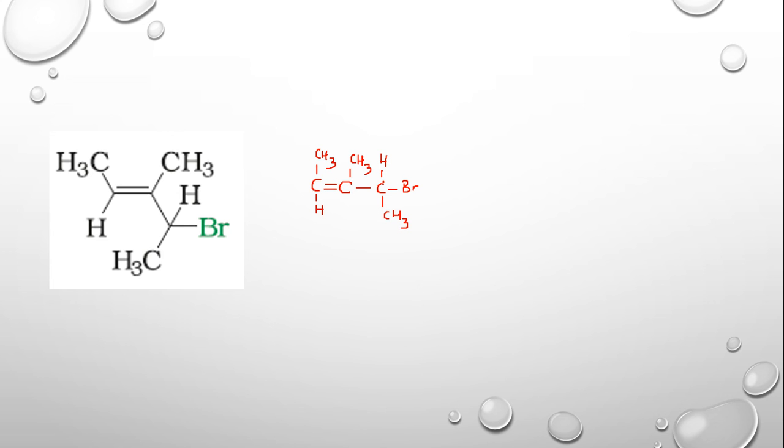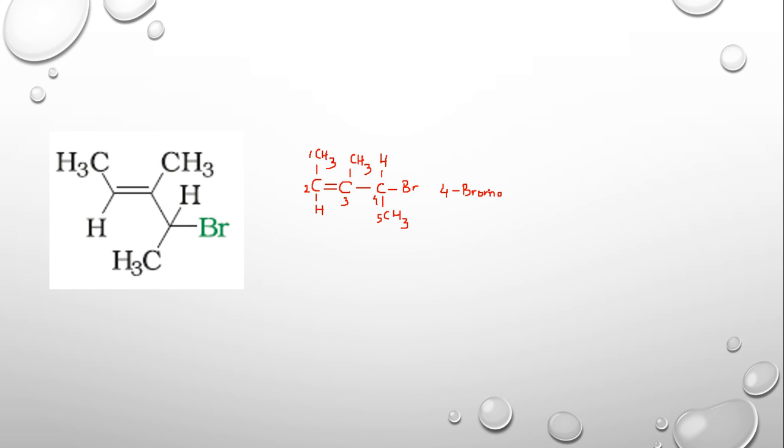The same rule, select the longest continuous chain which contains double bond, giving it the least number. Okay, so you can see you have carbon which is starting from the top CH3. So you have first, second, third, fourth, and fifth. So this is the longest continuous chain. Now write the name for bromo.